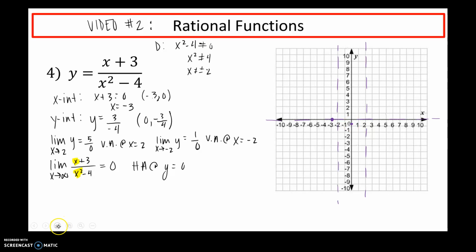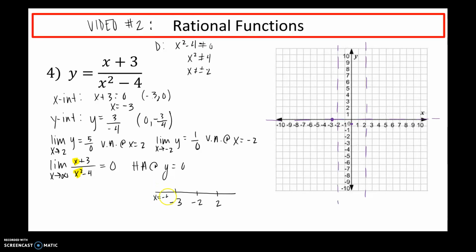Okay, so now let's check out the sign analysis. I have an x-intercept at -3, and I have vertical asymptotes at -2 and +2. So now I have to test all of these values.